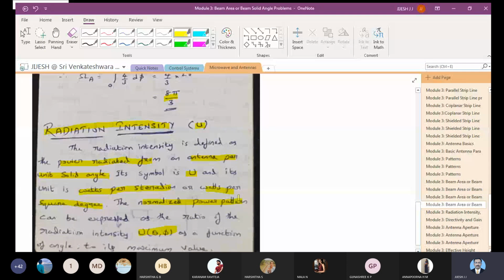So radiation intensity divided by its maximum value will give you the normalized power pattern. You can note down these things. This is the radiation intensity definition: power radiated from an antenna per unit solid angle.